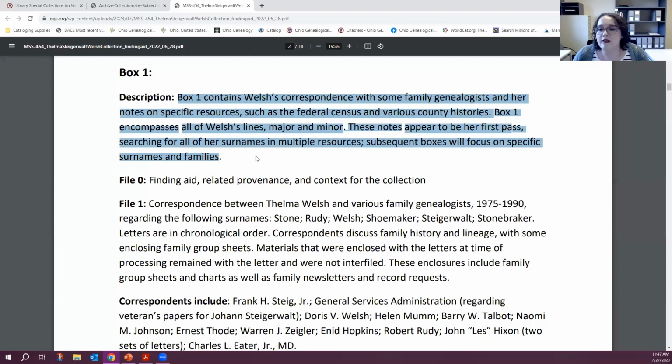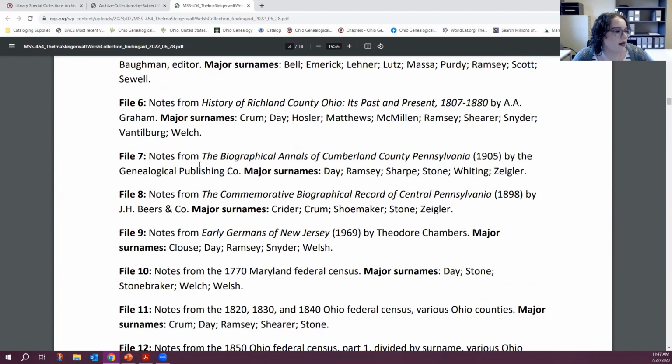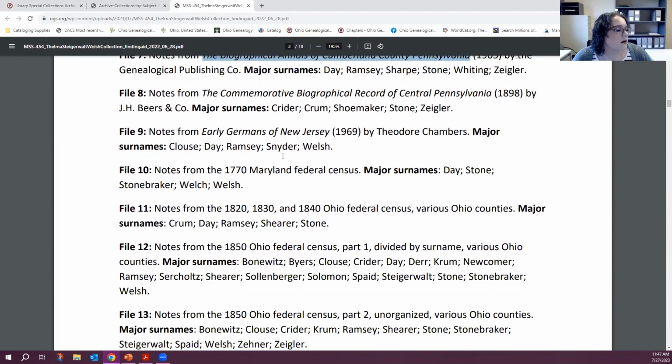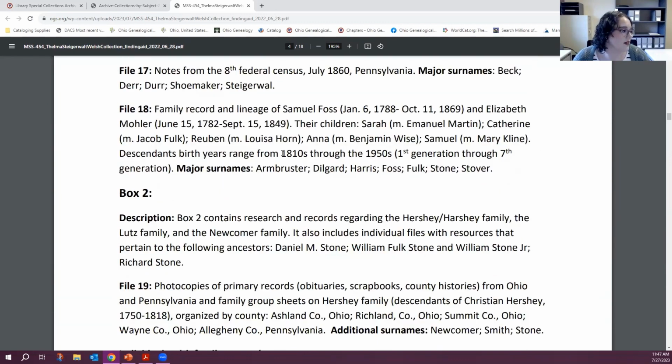Nowadays, your modern genealogist can instantly get to the census and the county histories, so this box might not interest you at all. So we'll scroll past box 1. And as you can see, we have the biographical annals of Cumberland County, Pennsylvania. You might already have these, so you're not interested.